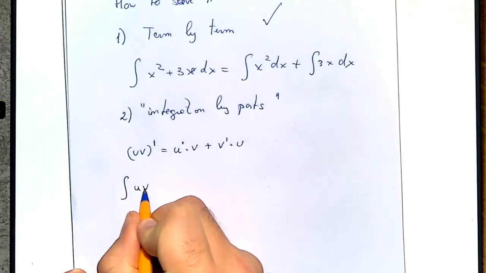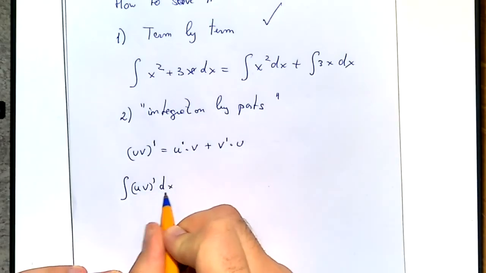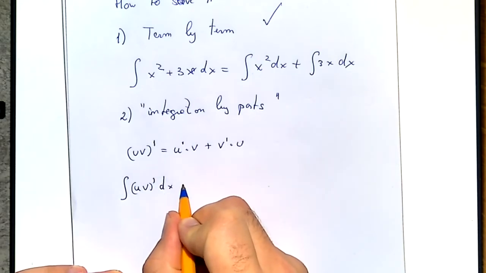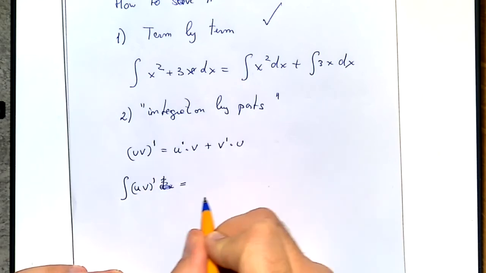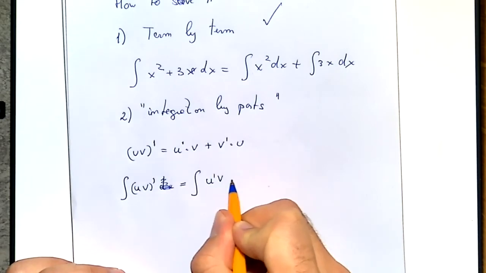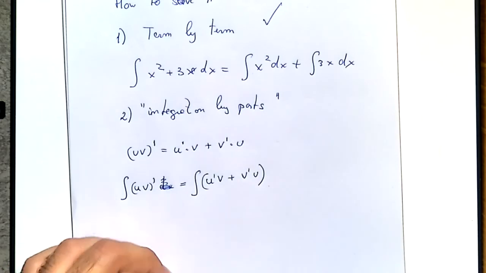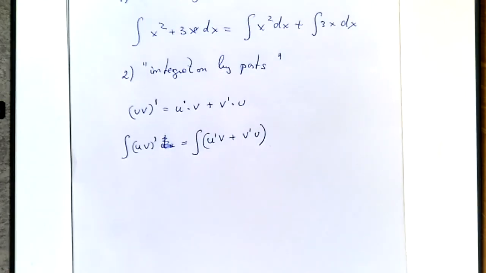The integral of the derivative of uv, maybe there's a dx here because it depends on x, but it doesn't matter for the time being, so let's just not put it. It's equal to the integral of u prime v plus v prime u. If the expressions themselves are equal, their integrals are equal. So what do I do with this?